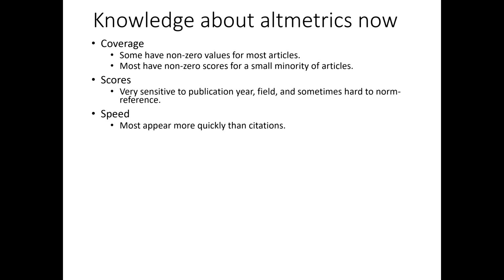And if there's another gap on top of that between being published and getting cited, then we're talking about a substantial period of time between someone doing the research and having some kind of impact evidence for it. So speed is a big advantage of Altmetrics, especially because you can get useful scores quite quickly after an article is published. Within a month of publishing an article, you could get some idea about whether it's attracting online attention at least.